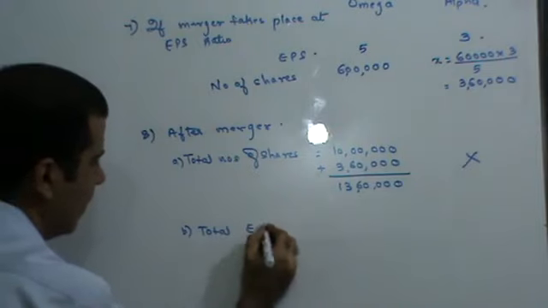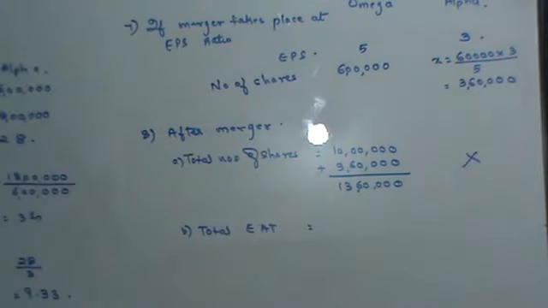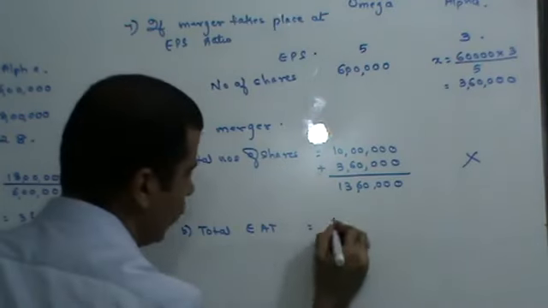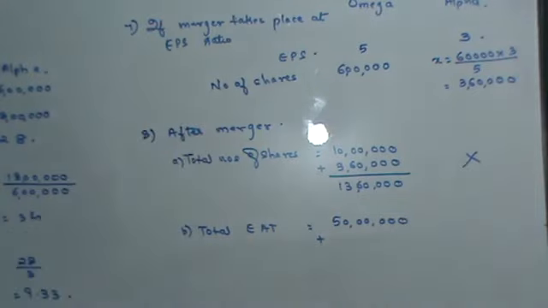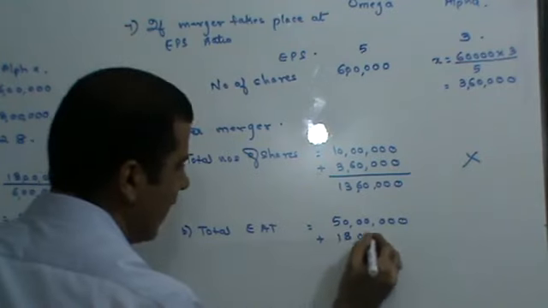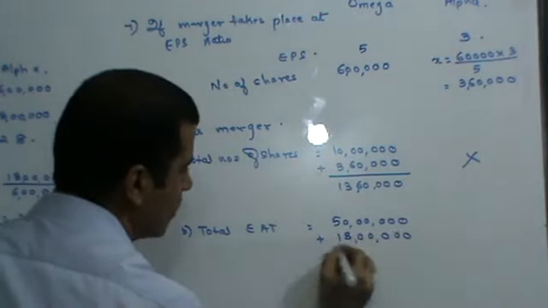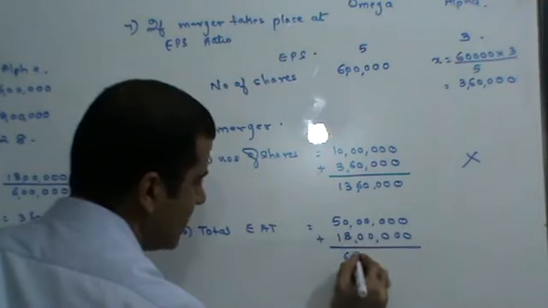Total EAT, the earning after tax post merger. Omega already had its own profit of 50 lakhs. Since it has purchased Alpha, Alpha Limited's profit will also be theirs, which is 18 lakhs. So the total profit will be 68 lakhs.